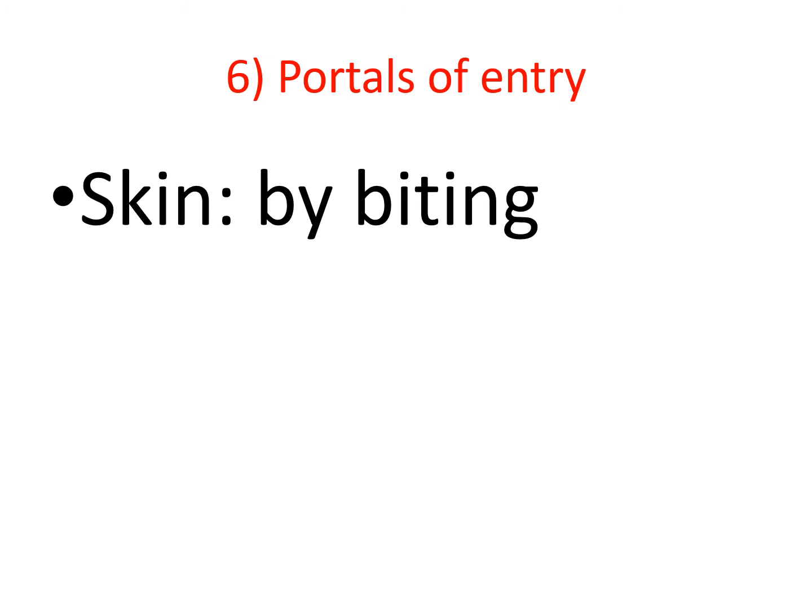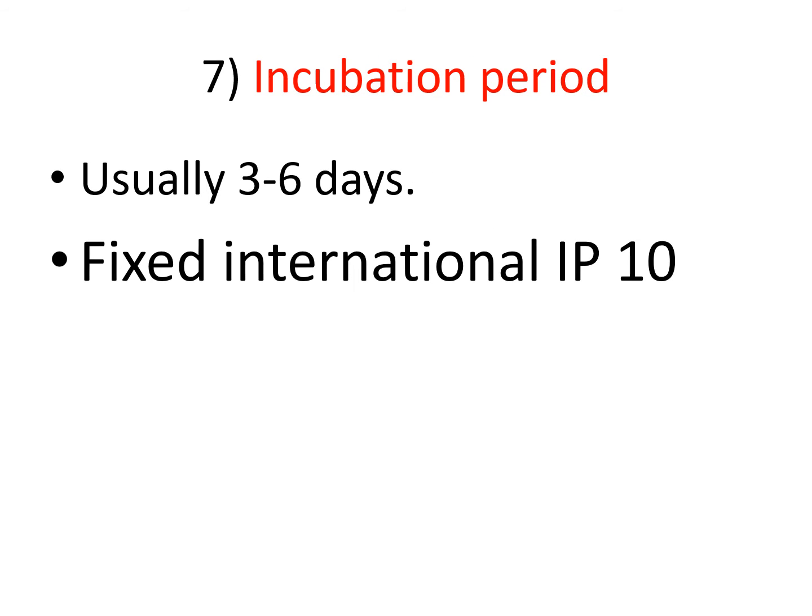Portal of entry: biting by Aedes. Incubation period 3 to 6 days. The fixed international incubation period for yellow fever is 10 days. It is fixed due to administrative procedures.